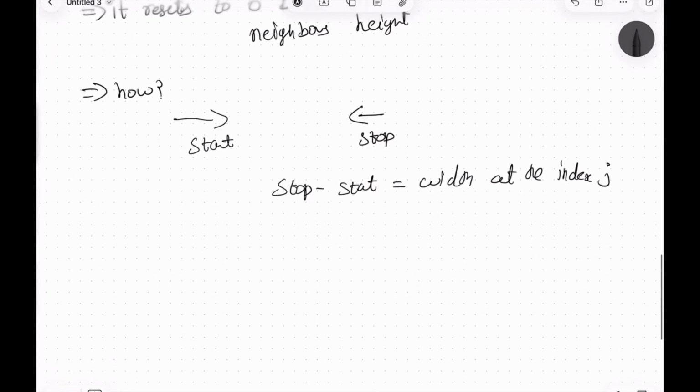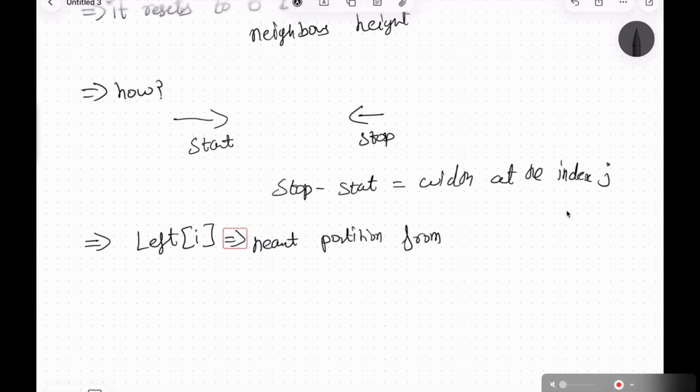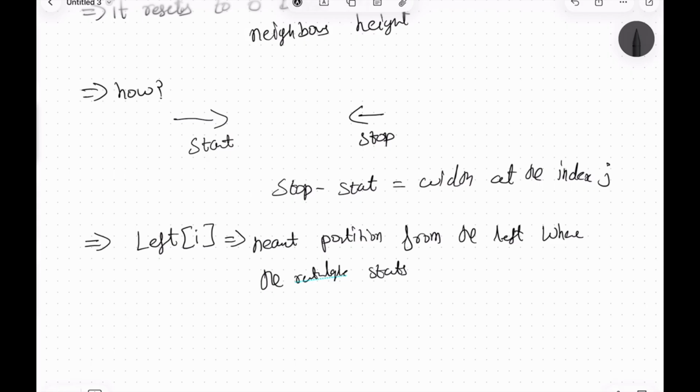So here we can have left of i as the nearest position from the left where the rectangle starts, right?